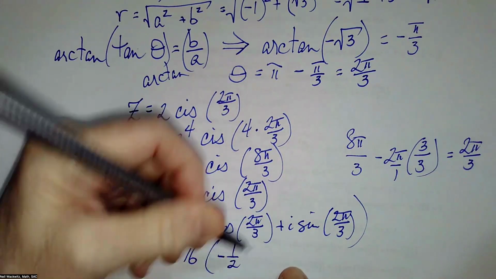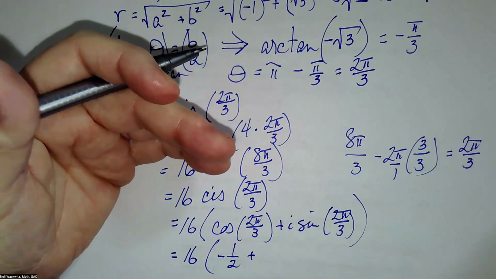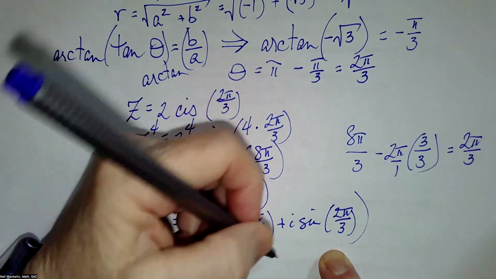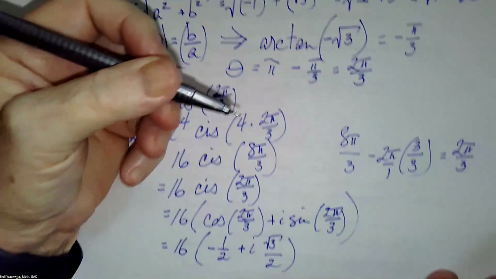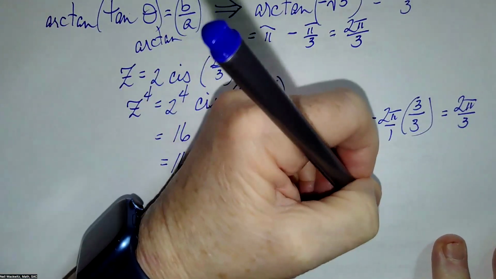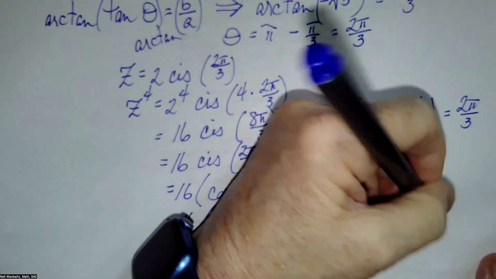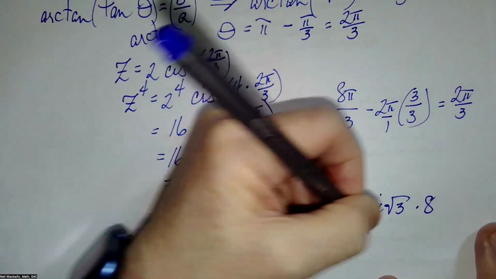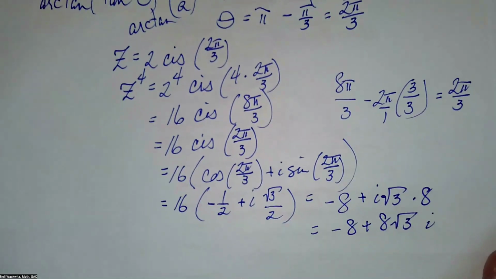So we get negative 1/2 plus, and we know that if one of them is 1/2, the other has to be square root of 3 over 2. In quadrant 2, sine is positive. And then we can multiply through by the 16, and we get negative 8 plus I square root of 3 times 8. And that's not really the form we like. So it's negative 8 plus 8 square root of 3 I.